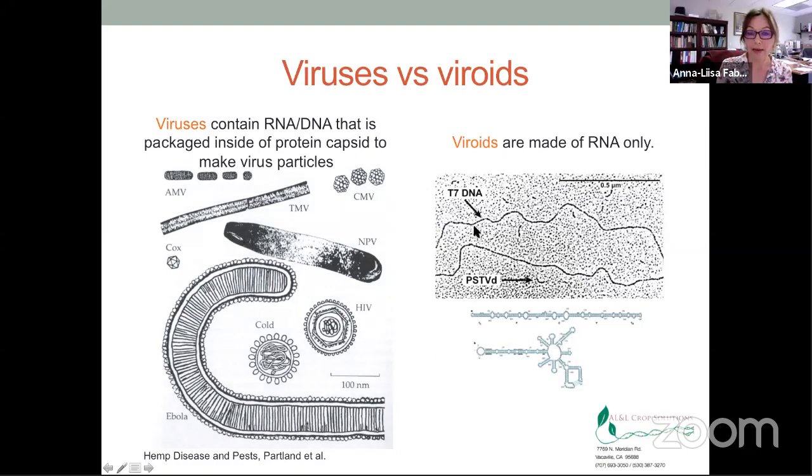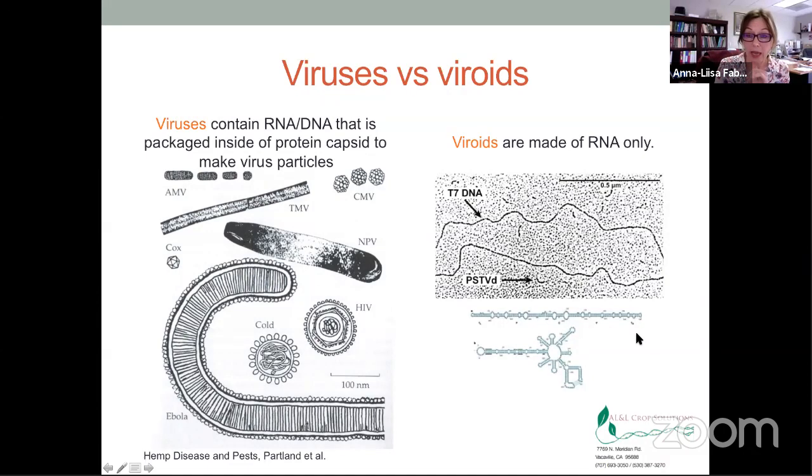Viroids, on the other hand, like that hop latent viroid, are even smaller than viruses. And they do not have the protein capsule at all. How they survive: they make these secondary and tertiary structures that the RNA comes up with, and they are extremely stable.